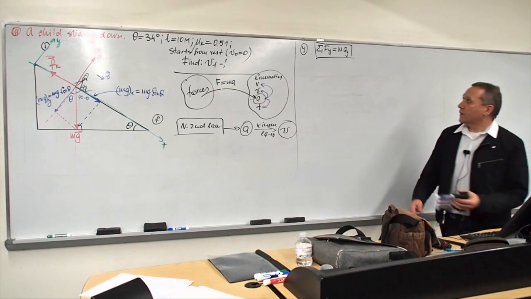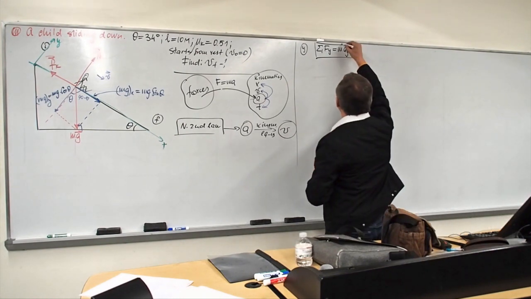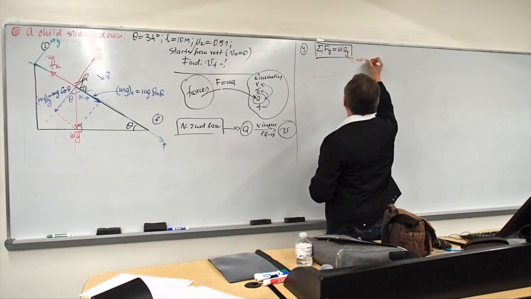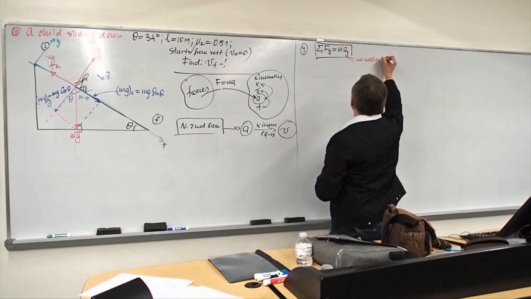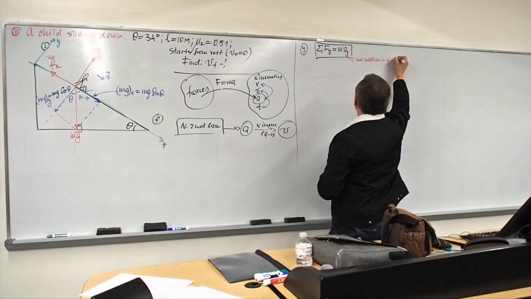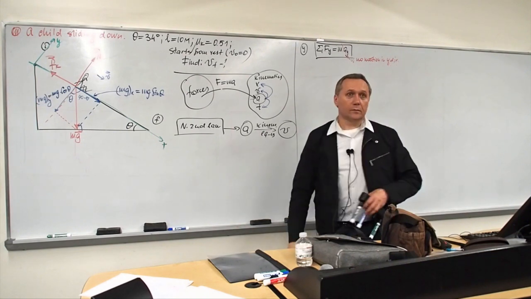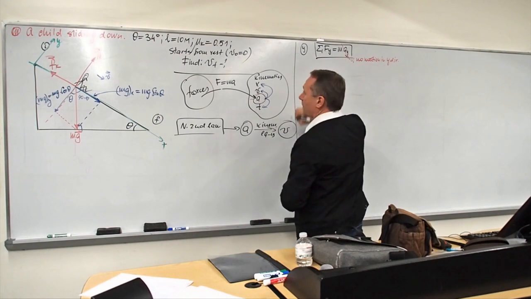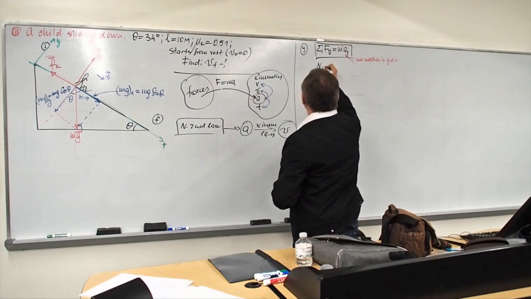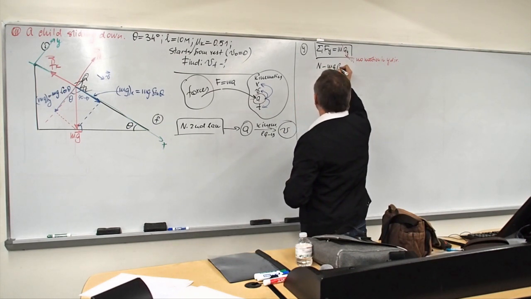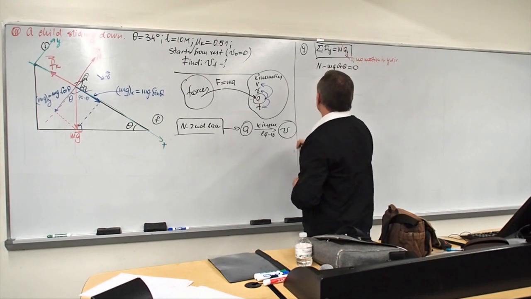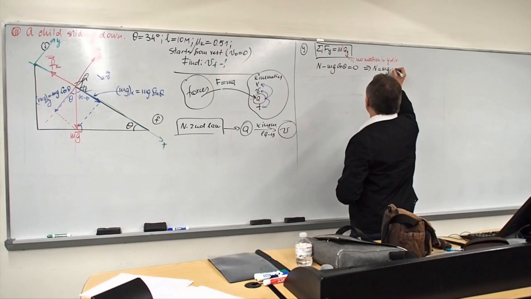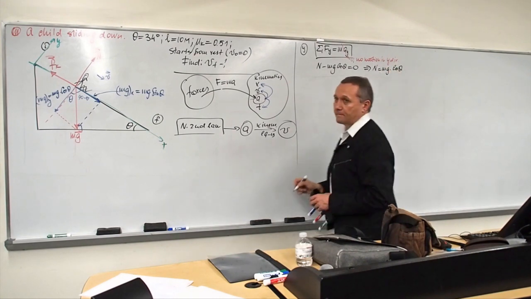So we need to drop this acceleration. No motion in the y direction. As a result, we can write down that the normal force N positive minus mg cosine theta equals 0. So of course from here, N equals mg cosine theta.